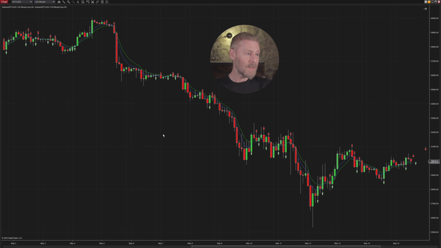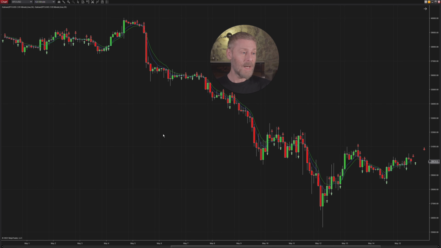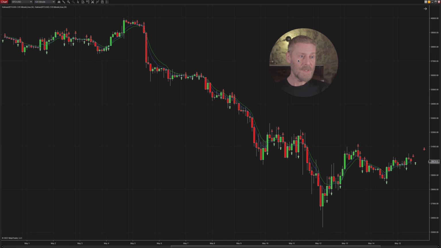And we'll look at a few examples and then I'll show you how the Kalman compares with a moving average. So as you can tell, the short version of the Kalman here in blue, I hope it's blue because I have a little bit of a color weakness, but just bear with me if it's not.